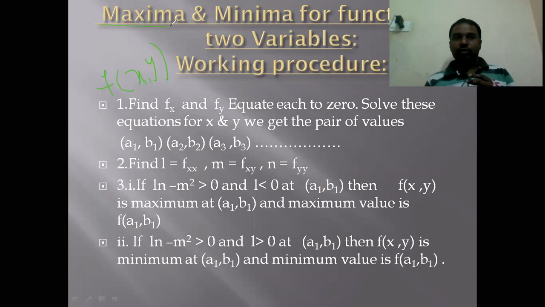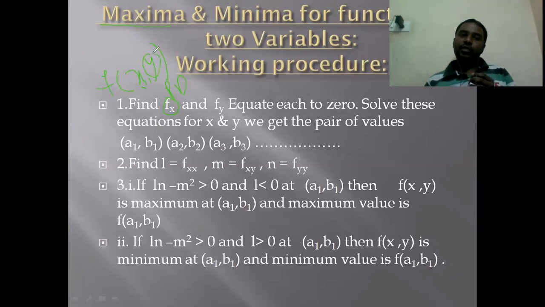So let us simply see the concept, maxima and minima for functions of two variables. We will see the working procedure. Find f x: this function we differentiate partially with respect to x, so y is treated as a constant.